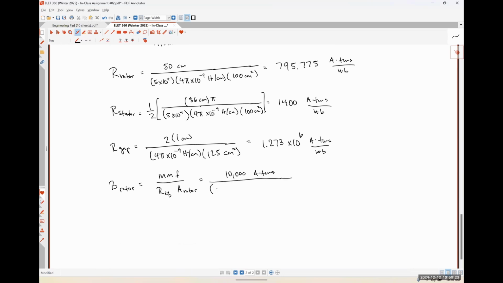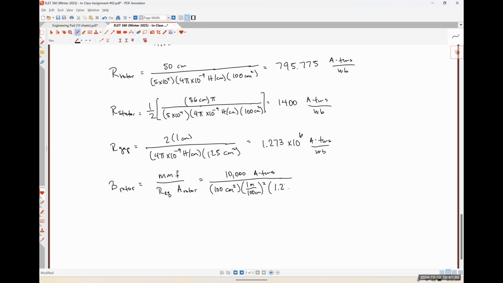The area of our rotor is 100 centimeters squared, because Tesla is expressed as Webers per meter squared. I'm going to do a conversion here where 1 meter is 100 centimeters, and square that. I'm only going to put in the 1.273 times 10 to the 6 amp turns per Weber here because the other things are so much smaller that they're not going to do anything.